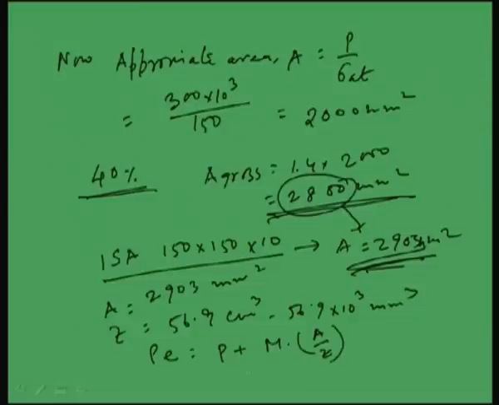So if we put the values of P and M and A and Z, we will get PE is equal to... P is 300, M is 5.625 kilonewton meter.